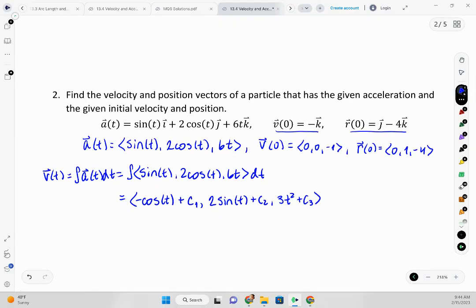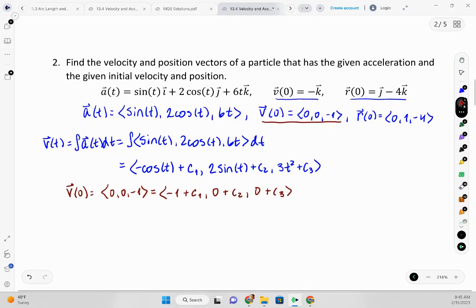Okay, so here's where we're going to use the initial velocity. We're told up here that the initial velocity is a vector with components 0, 0, and negative 1. So if I plug in 0, I should be getting 0, 0, and negative 1. I'm going to plug that into my actual velocity function. Negative cosine of 0 is negative 1 plus c1. Sine of 0 is 0, so I get 0 plus c2. 3 times 0 squared is 0 plus c3.